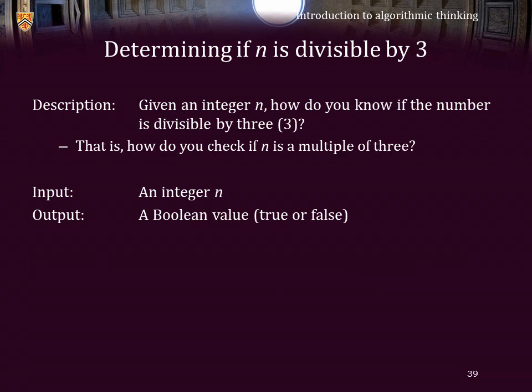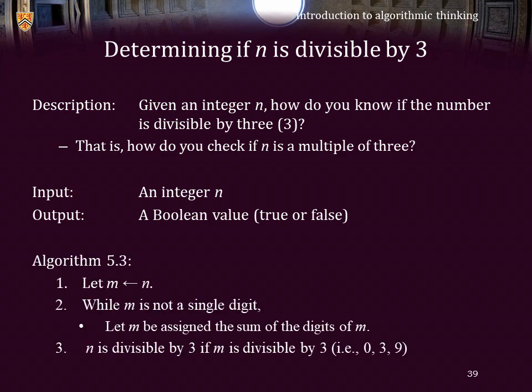Now, here's a third problem. Given an integer n, how do you know if the number is divisible by 3? Again, the input is an integer n, and the output will be a Boolean value, but you may have seen the following algorithm in secondary school. Given the integer n, we will assign it to a variable m.